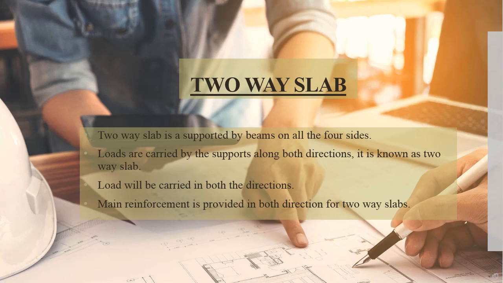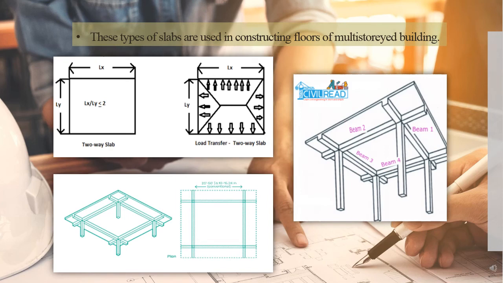Say that load will be carried in both the directions, and main reinforcement is provided in both directions for two-way slab. For example, this type of slab is used in constructing floors of multi-story buildings.